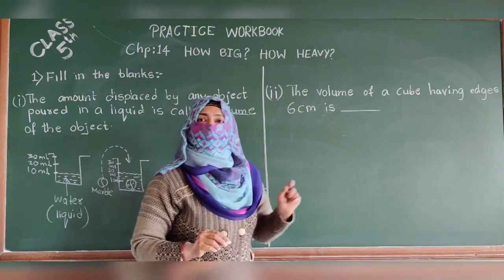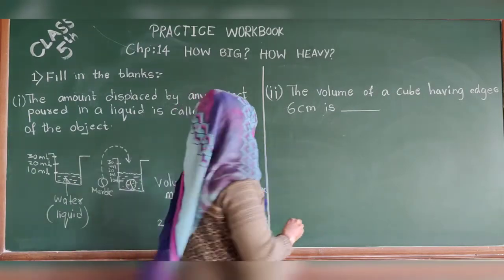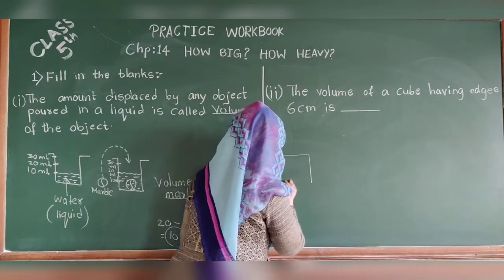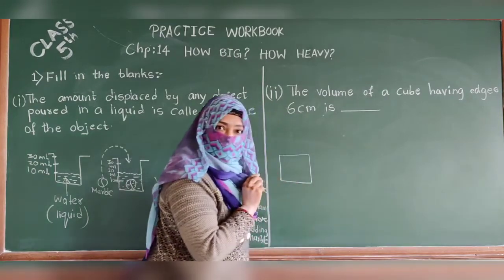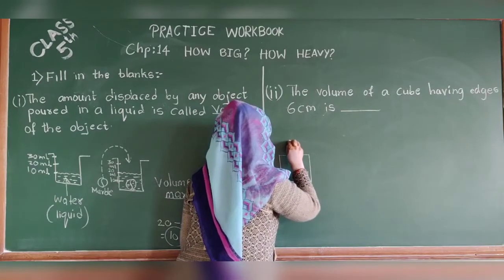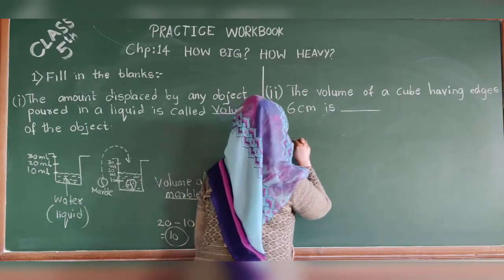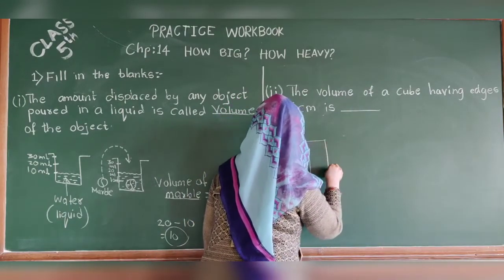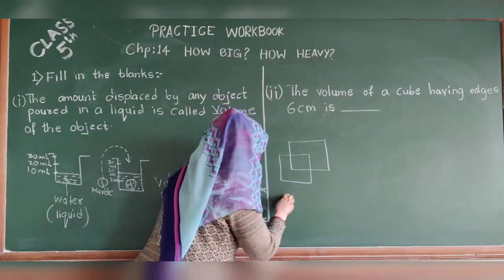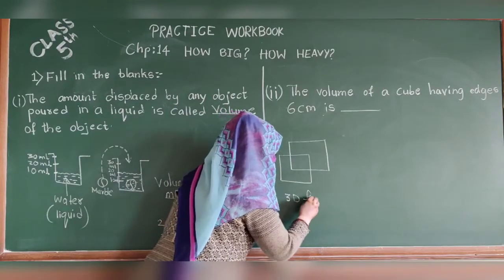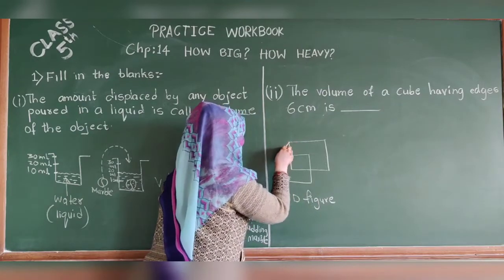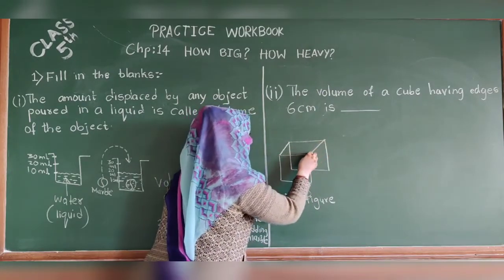Let me show you the 3D figure of that cube. This is a square, and if it is a cube, it will be like this. This is how we get the 3D figure. See, I'm going to join it now.